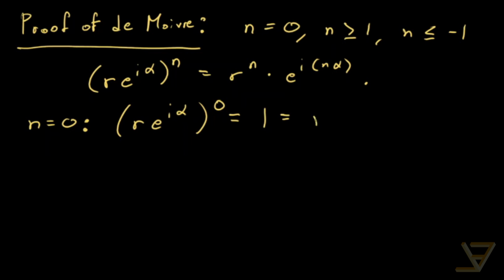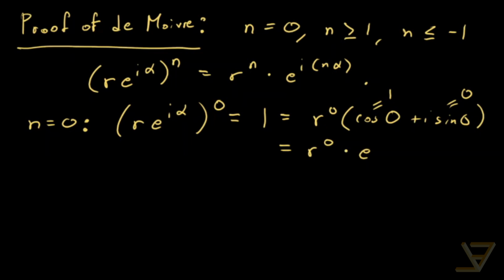And we can rewrite that as r to the 0 times cos of 0, which is equal to 1, plus i sine 0, which is equal to 0. And that is equal to r to the 0 times e to the i 0, and that's r to the 0 times e to the i 0 alpha. So we do have the equality that we want in this case.